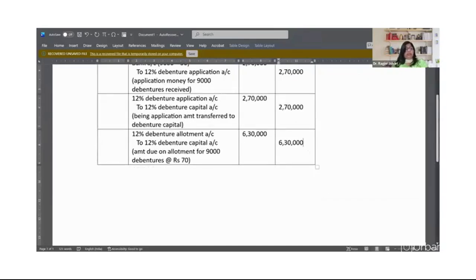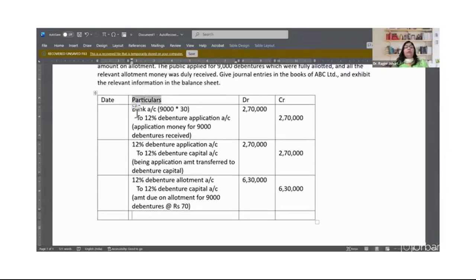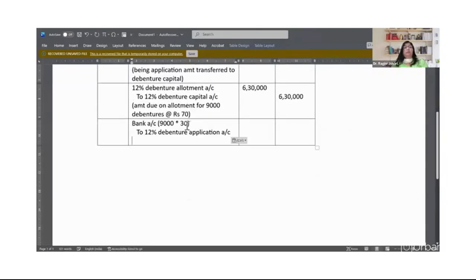Now the last entry, that is the receipt entry. This money has to be taken from the respective debenture holders. So the entry here would be Bank Account debit to 12% Debenture Allotment Account, and the same amount is posted, as the entire money has already come.